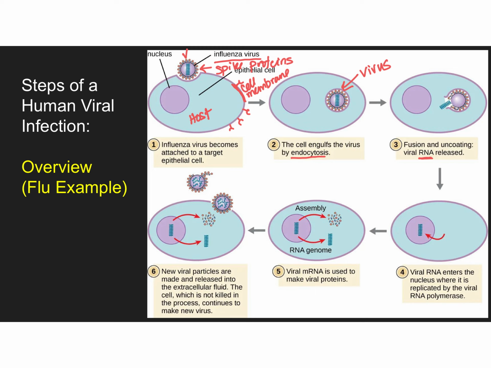The viral RNA then enters the nucleus of the host cell, where it is replicated by RNA polymerase. Remember that this is an enzyme that is involved in making RNA. The viral mRNA is then used to make viral proteins. Remember, this happens through transcription and translation.